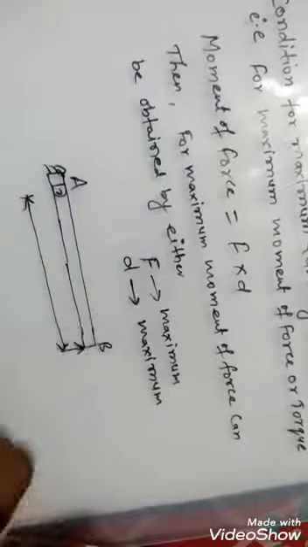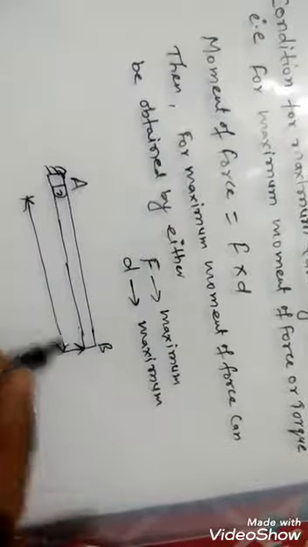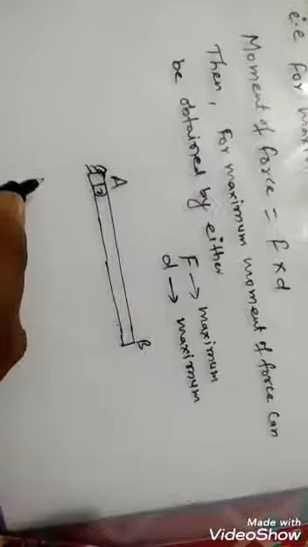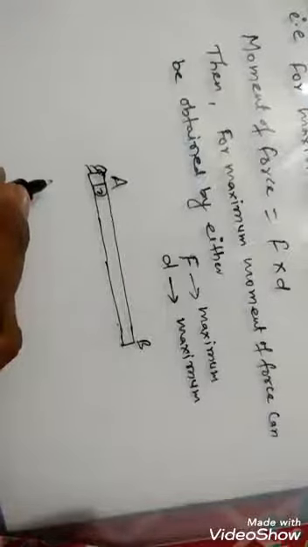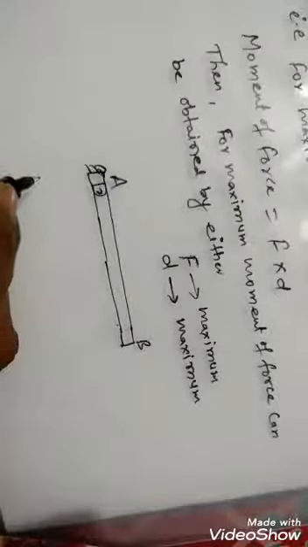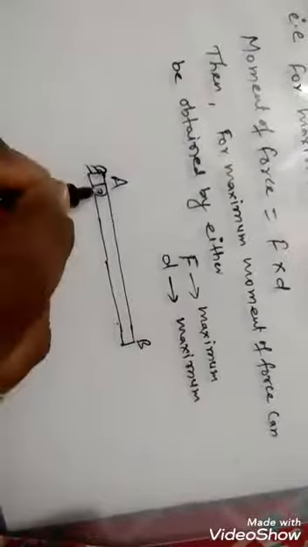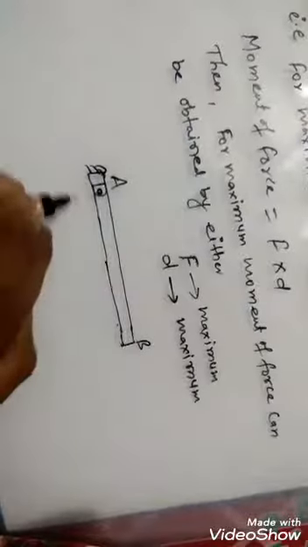Then the net moment of force or torque will be maximum. If force is constant, then the value of moment of force increases with increase in the perpendicular distance d from the axis of rotation.